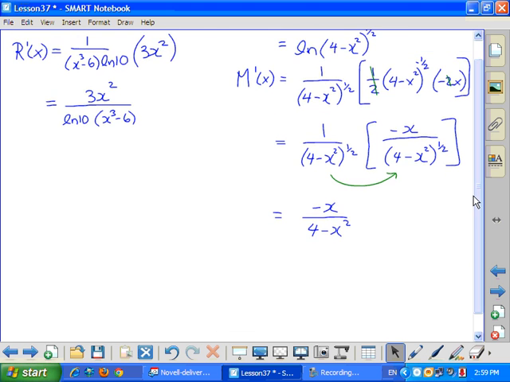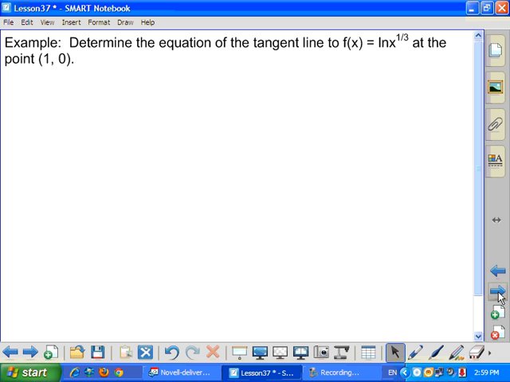All right. Last example. Determine the equation of a tangent line to that function at the point (1, 0). So it's the same process we've been talking about all along. And these questions, if you look back in the homework, are quite repetitive. It's just the function has changed.